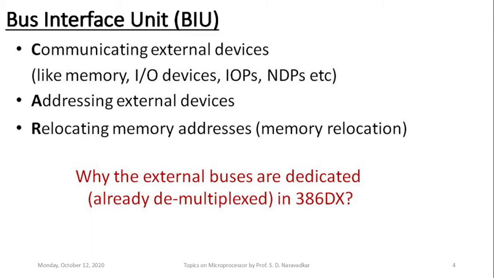That's why, as you can observe, a sufficiently large number of pins are available, so there is no need for multiplexed signals. A dedicated, separate address bus, data bus and various control signals are designed in the pin configuration of the 386DX processor.